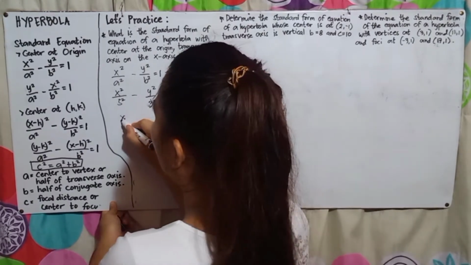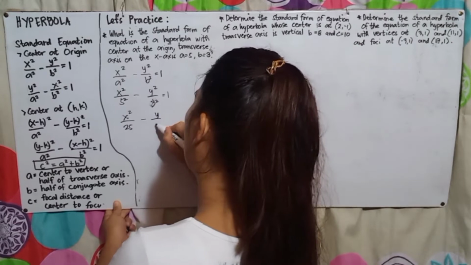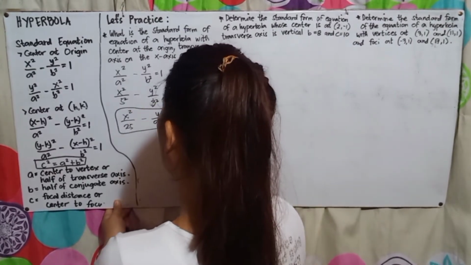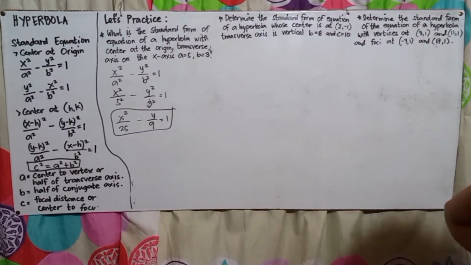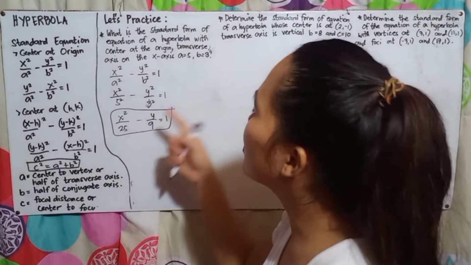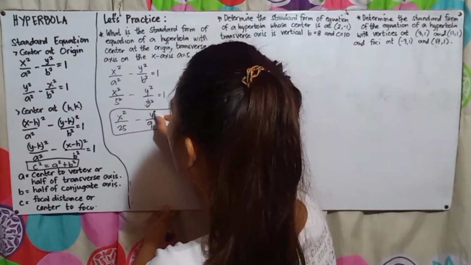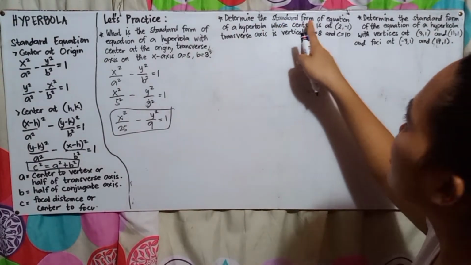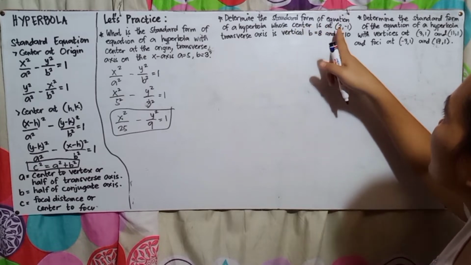So, then reduce, magiging 25, magiging 9. So, this is now our answer. So, the standard equation is x squared over 25 minus y squared over 9.